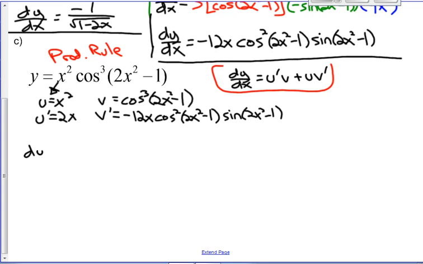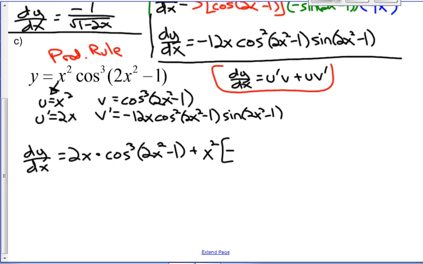dy by dx is going to be u prime times v, which is cos cubed of 2x squared minus 1, plus u times v prime, negative 12x cos squared of 2x squared minus 1, sine of 2x squared minus 1.